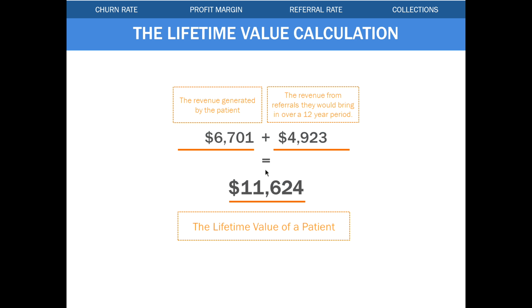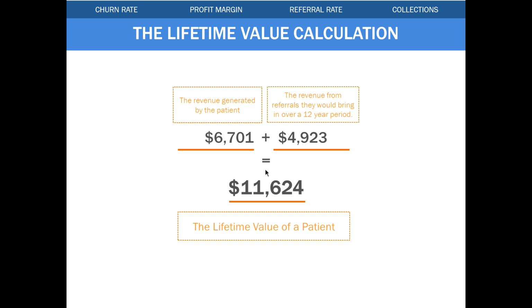We looked at the life cycle, and we're taking all this really fuzzy math that is complex in numbers, complex in theory, but when we bring it all together, the numbers are going to give us the revenue generated by the patient, and the revenue from referrals that they would bring in over a 12-year period.